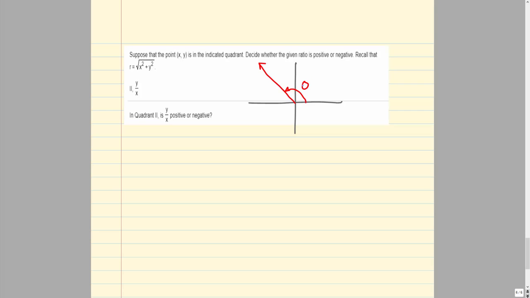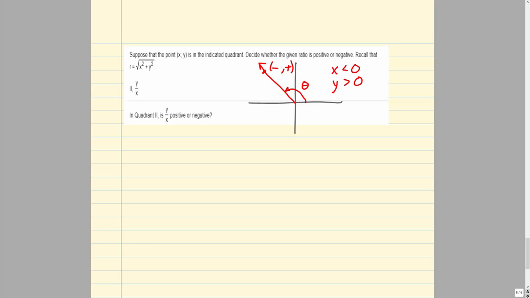Well, if I look at quadrant 2, whatever point this is going to be a negative x and a positive y. Because in quadrant 2 the x value is negative, and the way that we say that is we say x is less than 0 and the y value is positive, so y is greater than 0.